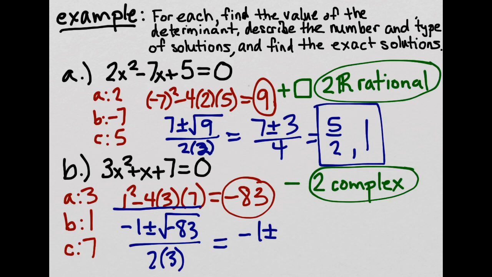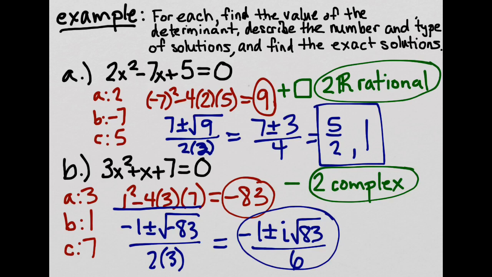Now this is where you have to try to simplify the square root of 83, which 2 doesn't go into, 3 doesn't, 4 doesn't, 5 doesn't, 6 does not, 7 does not, 8 does not. That doesn't look reducible, so the only thing we can do is turn the negative into an i, and we'll have the square root of 83 left inside, all over 6. And those are our 2 complex solutions.